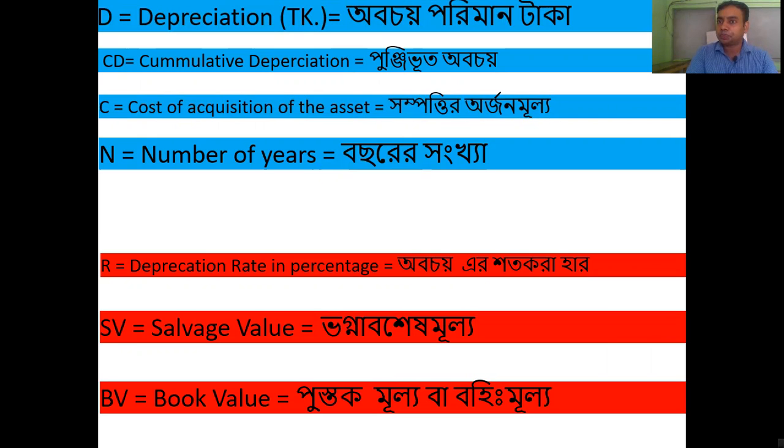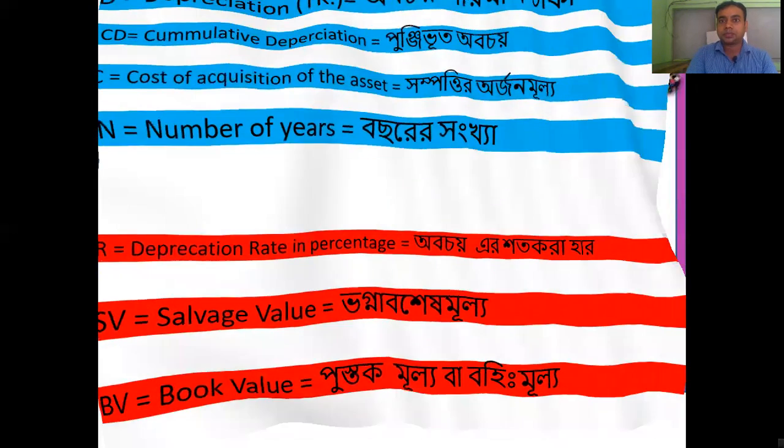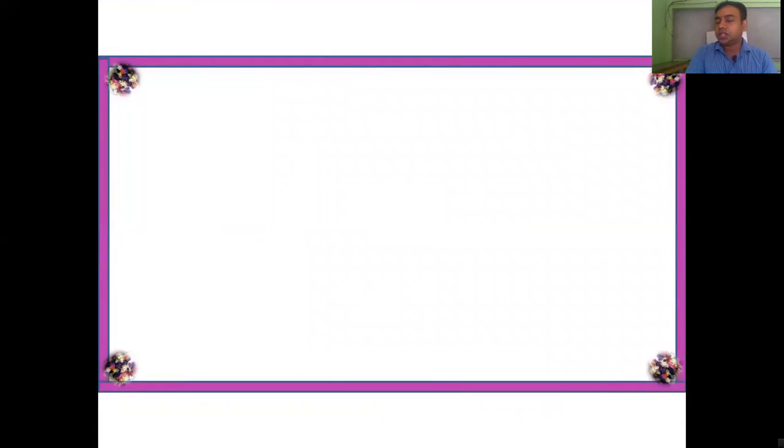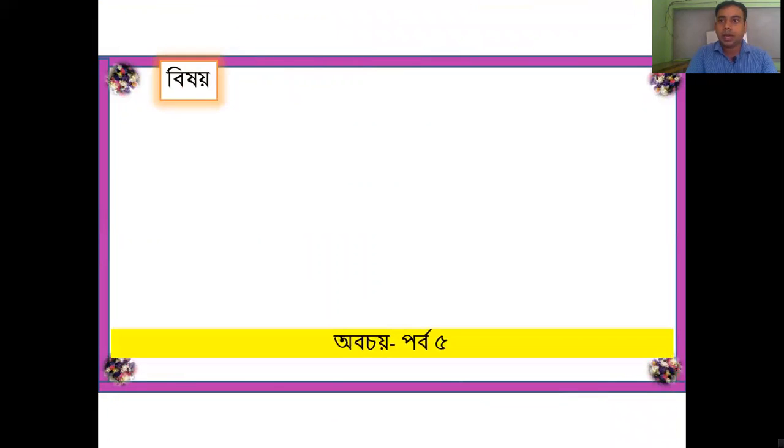Dear participants, we will follow a formula by which we may calculate depreciation under the double declining balance method within 50 seconds. So let's follow a practical problem that is usually given in your question paper. Before it, we have to know the formula.